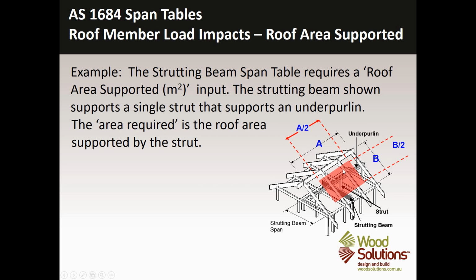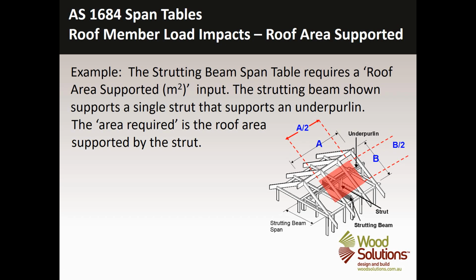the width of the roof from top plate to ridge. So it's the same sort of calculation for roof load width supported, but you multiply that by half the distance between this strut and half the distance between that strut to that strut. So we end up getting a square or a rectangle of roof area supported like that.